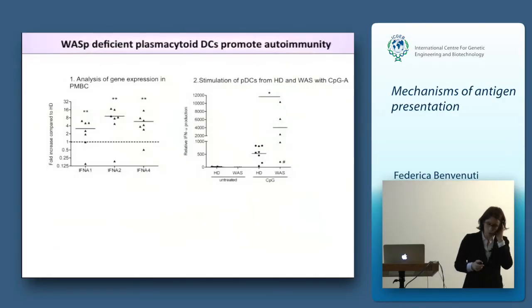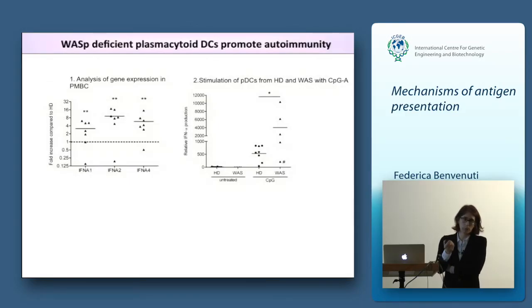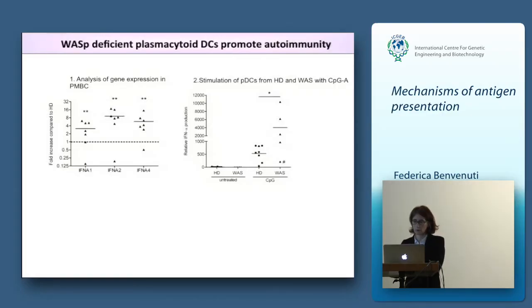We've been able to confirm these observations in samples from human patients, where indeed we do observe hyperactivation of interferon genes, and when cells are isolated and stimulated with CpG, we observe the same hyperreactivity that we first found in the mouse model.